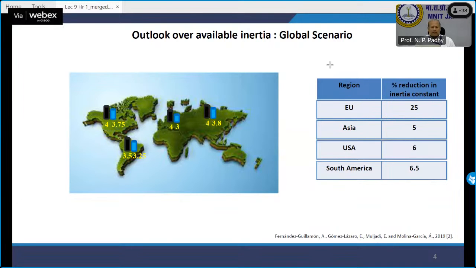So inertia in European Union, almost 25% reduction happened. In Asia, close to 5% reduction. In US, it is 6% reduction. South America, it is 6.5. Why is that inertia getting reduced? Because non-inertial devices are being implemented in the power system today. That is what the challenge is all about.